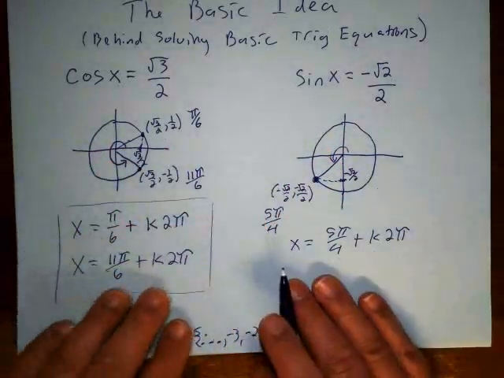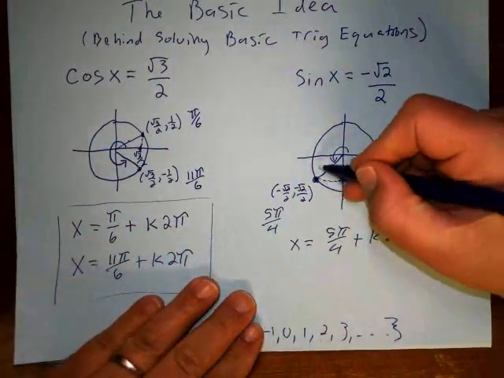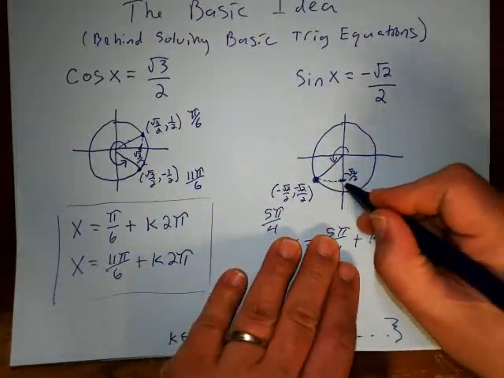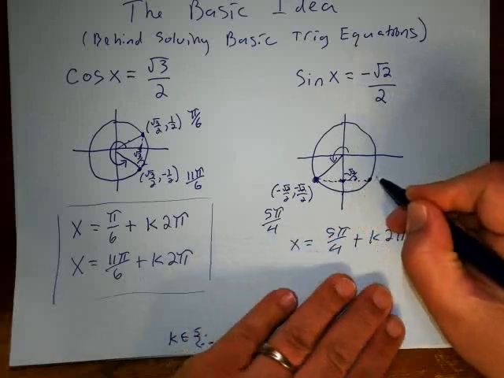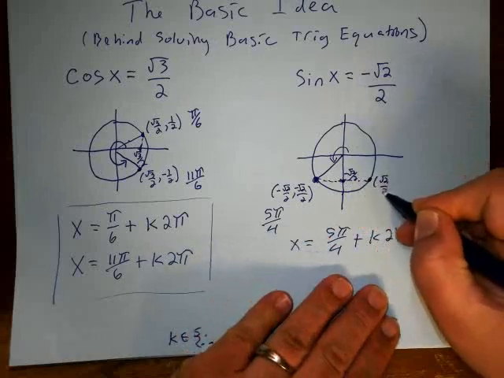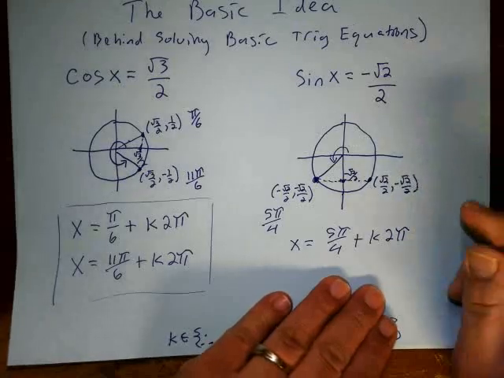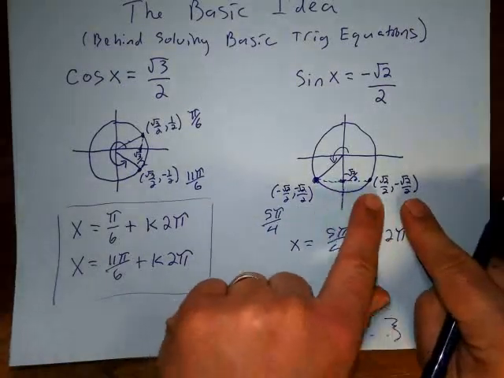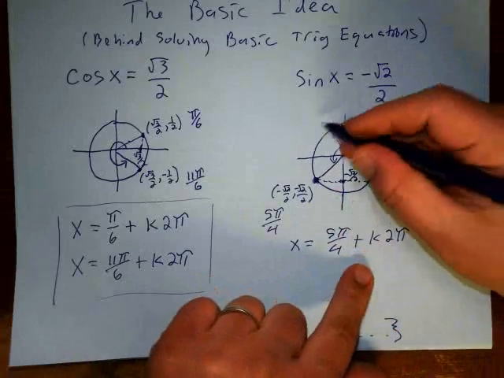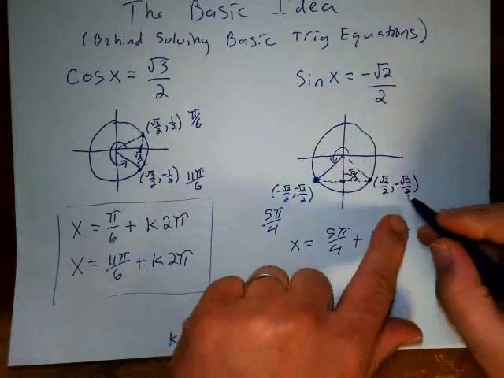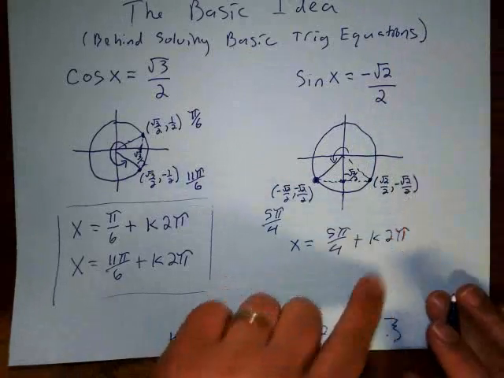But there's another one. I'm not going to go up here, I'm going to go across here, because this is the other place. This would be a positive square root of 2 over 2 and negative square root of 2 over 2. So this would be the other place between 0 and 2 pi that would also give me a sine value, a y-coordinate, of negative square root of 2 over 2.